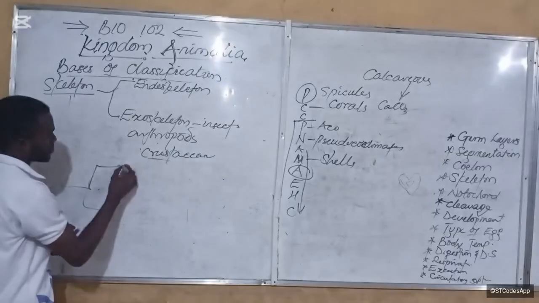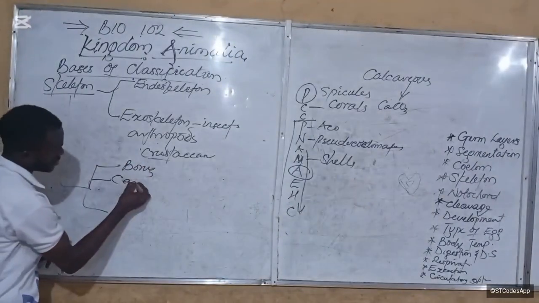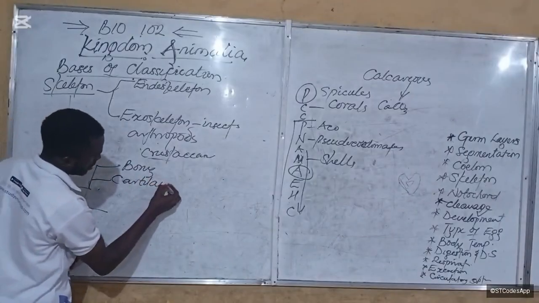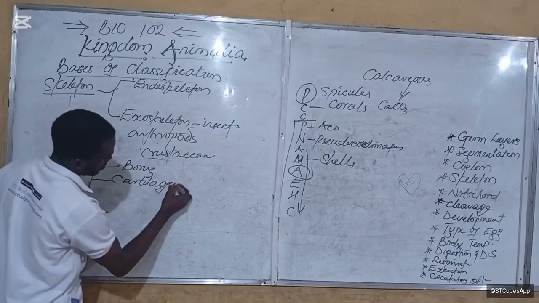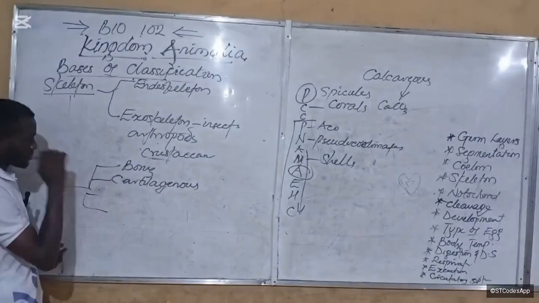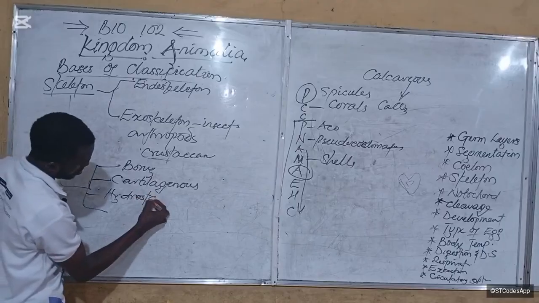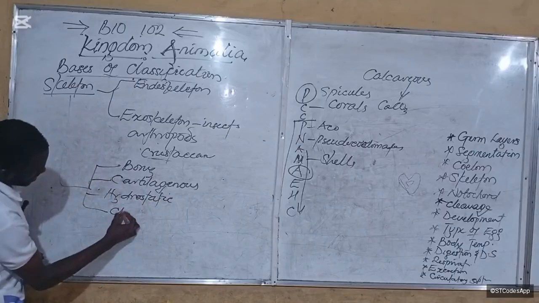We have bony skeletons, cartilaginous skeleton, chitin, and hydrostatic.